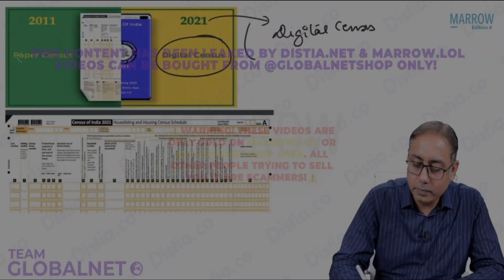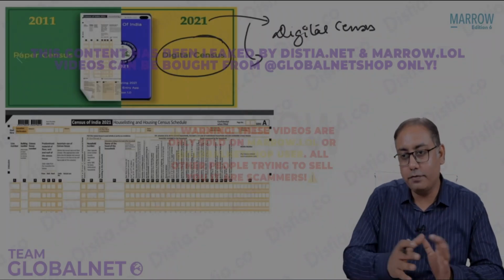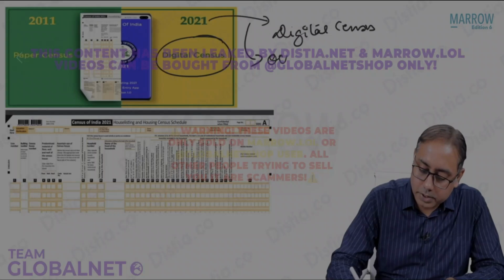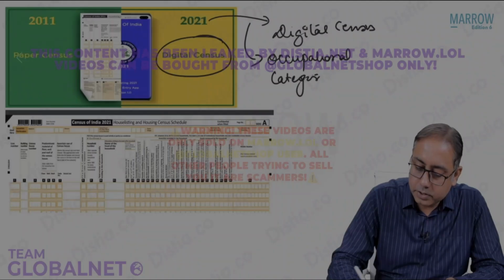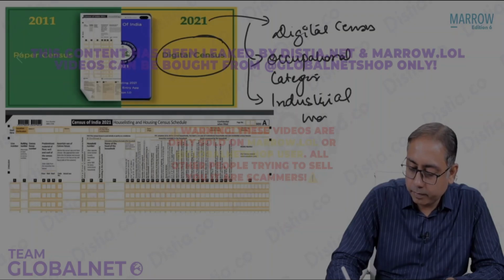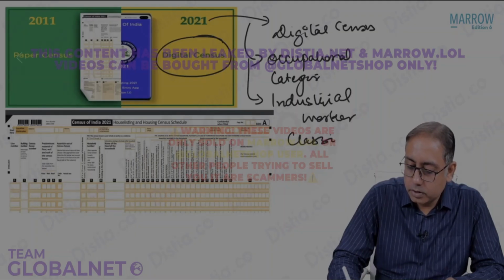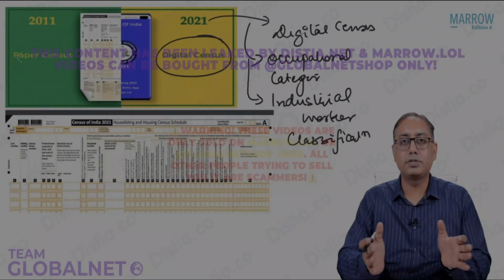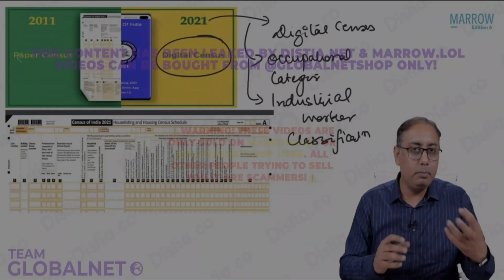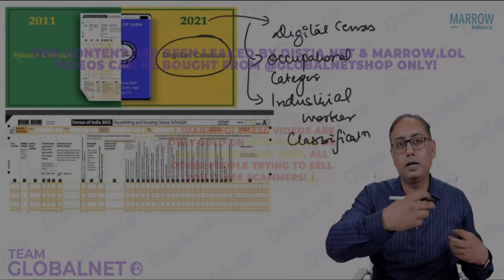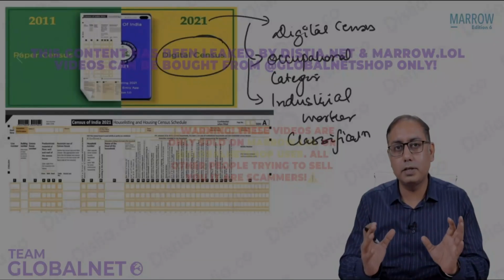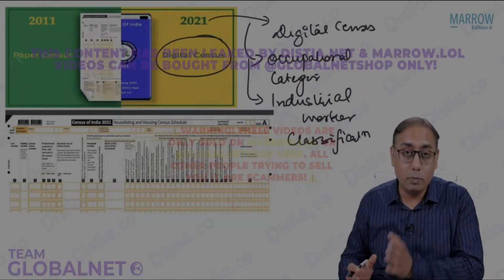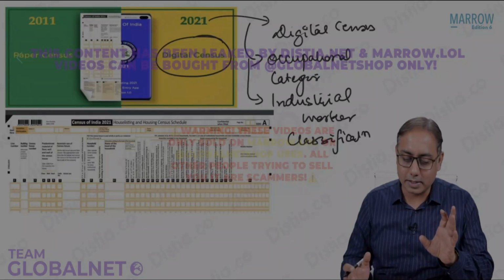Under the 2021 census, we have also differentiated the population based on occupational categories, the industrial worker classification. People have been classified based on the type of industries they are working in: how many males are working in which industry, females in which industry, and children in which industries. So industrial and occupational classification is one of the main focuses of the 2021 census.